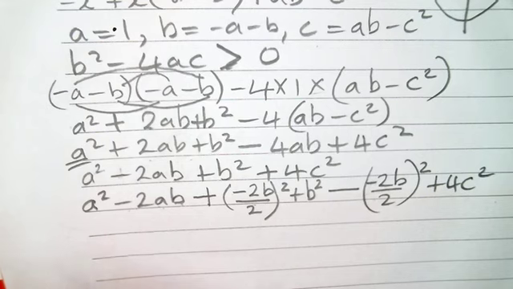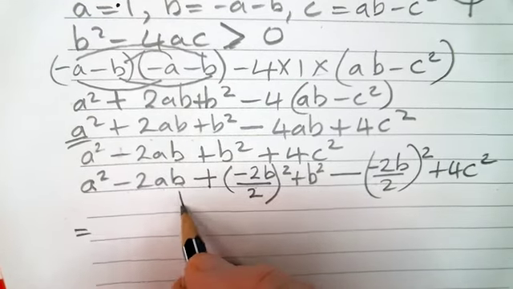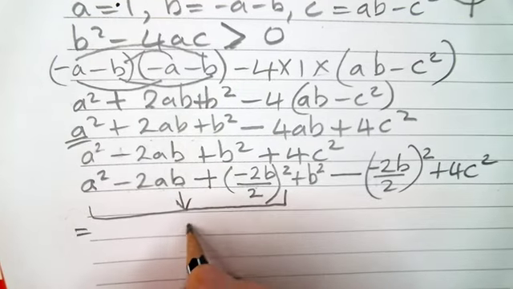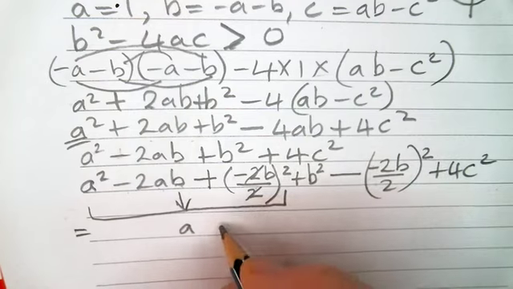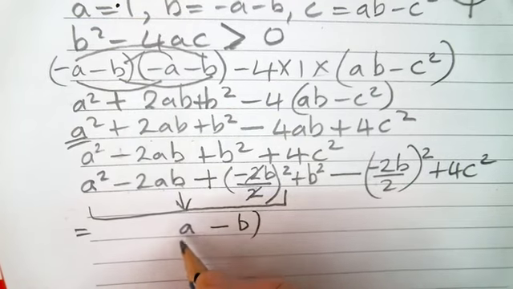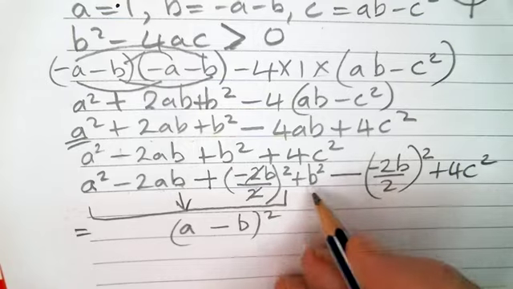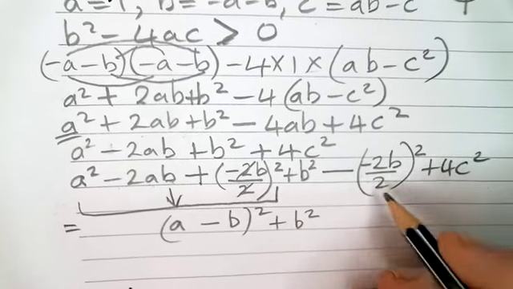So let's go ahead and put an equals here and see what happens. So now all of this here very happily turns into a, and the bit in here, negative 2 divided by 2, is going to be negative b, all squared. That's my completed square now. And now I've got this bit on the end here, which is plus b squared. Now what's this thing here?